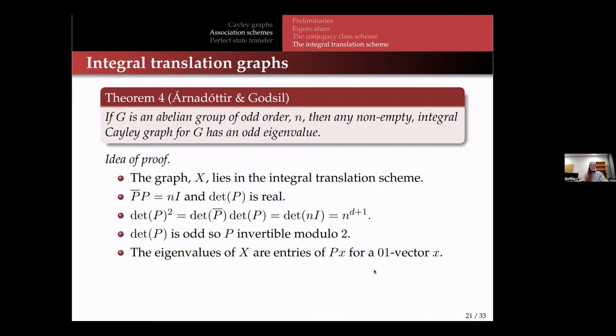But now if we assume that all the eigenvalues are even, so all the entries of this Px are even, then Px is equal to 0 modulo 2. But P is invertible modulo 2. And so x must be the 0 vector. And if x is a 0 vector, then this big X is the empty graph. And that's the proof.